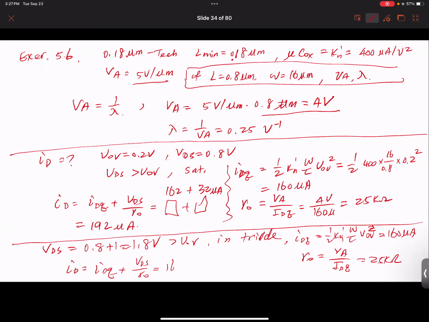So we get 160 plus 1.8 divided by 25K. So 1.8 divided by 25 times 1,000 gives you microamps. That gives you 64 microamps. So it's going to be 224.